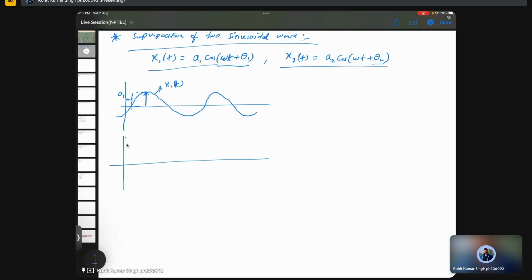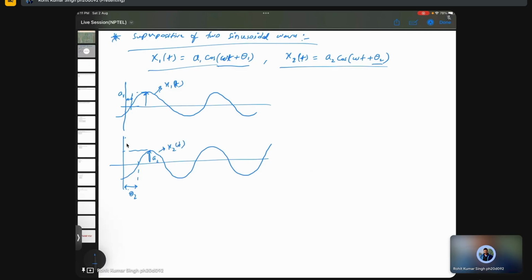It can look something like this. This is a larger shift and its amplitude is a2. So this will be your x2.